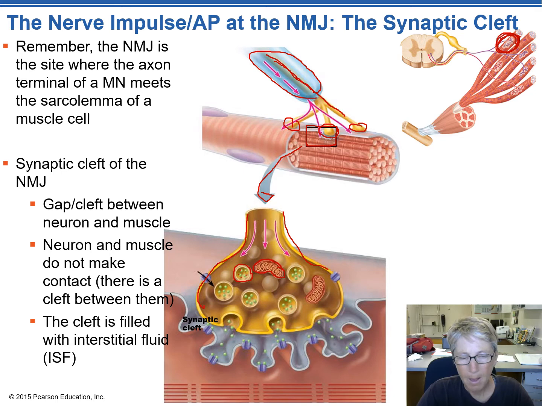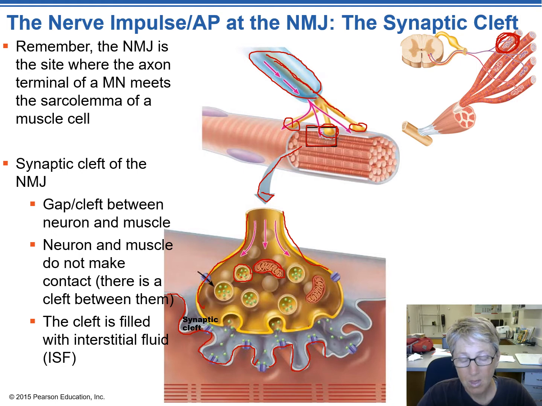And then the axon terminal, which is the yellow structure in this cartoon, doesn't actually contact the plasma membrane of the muscle cell. So here's the plasma membrane of the muscle cell. All of this that I'm tracing is all plasma membrane. It's actually called the sarcolemma in muscle physiology, but it is the plasma membrane or the phospholipid bilayer.